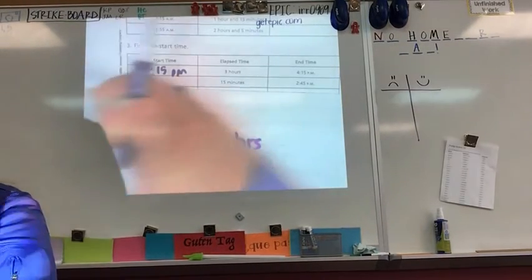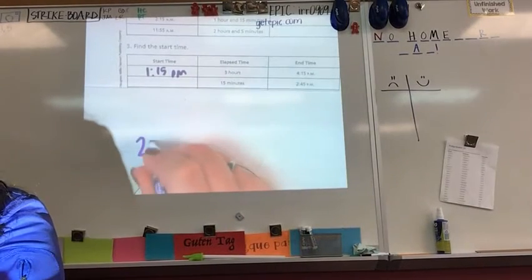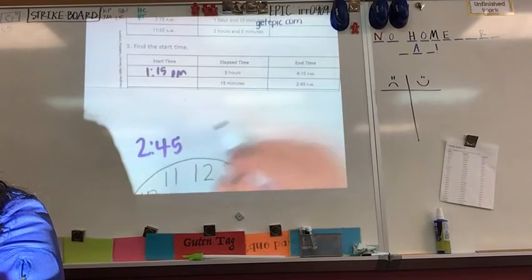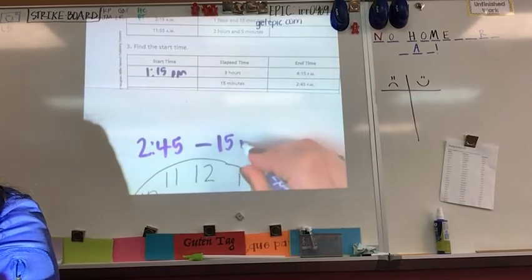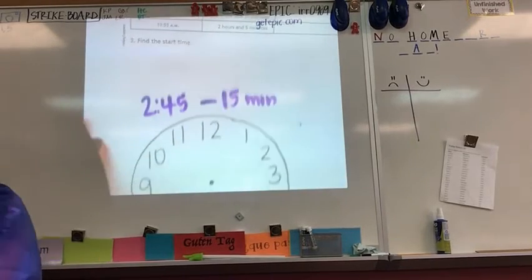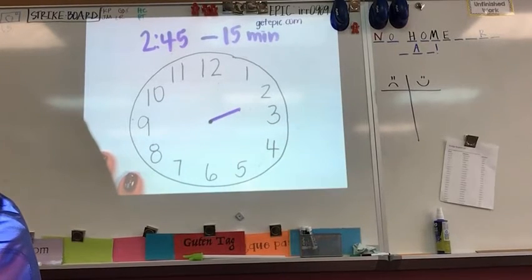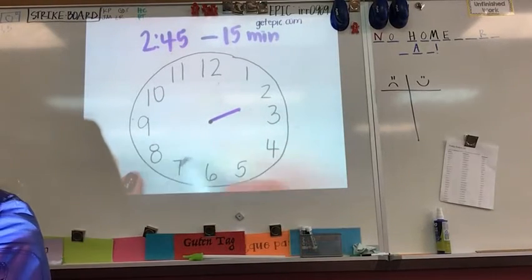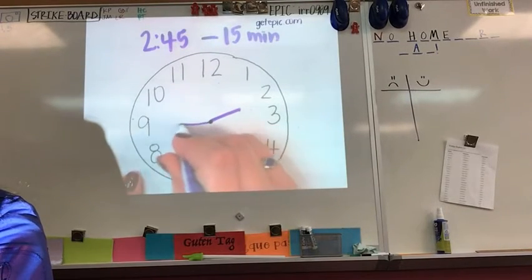We'll go ahead and do this next one together. If my end time is 2:45, and the time that passes is 15 minutes, so I'm going to subtract 15 minutes, we're looking for our start time again. So go ahead and draw 2:45. And remember, 5 times 9 is 45, so my minute hand's going to point to the 9.